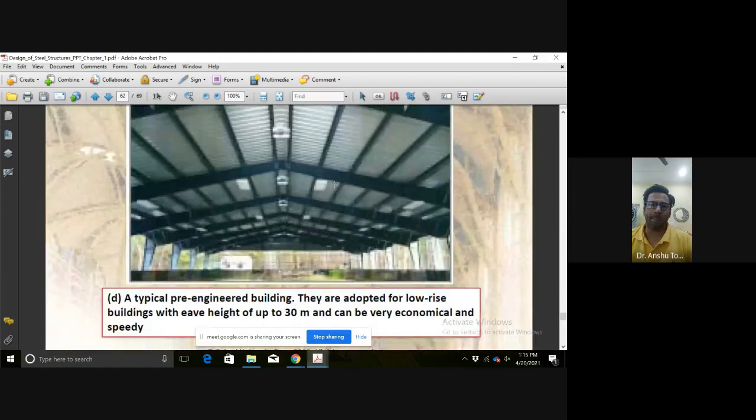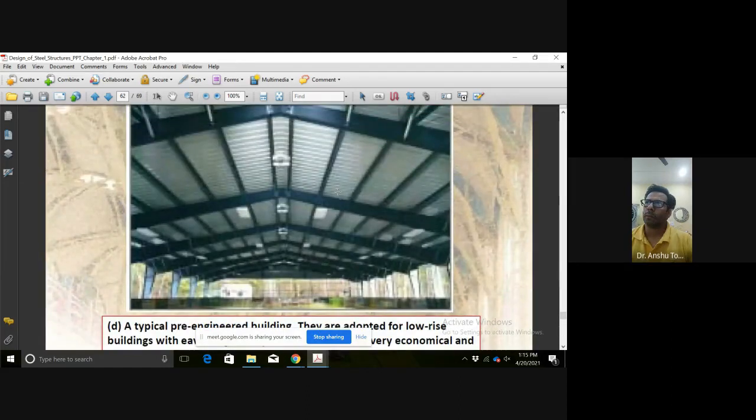This is a typical configuration of a hall which is quite large, because we don't want columns in between.